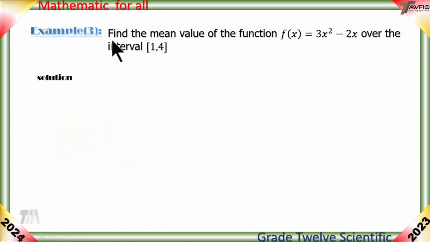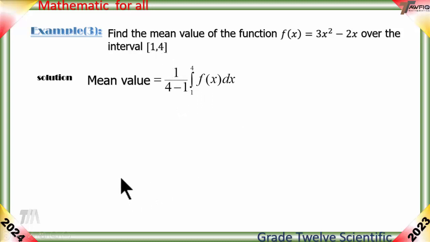Example. Find the mean value of the function f of x equals 3x squared minus 2x over the interval [1, 4]. The mean value is equal to 1 over b minus a, that means 4 minus 1, times the integration from 1 to 4 of f of x dx. 4 minus 1 is 3.